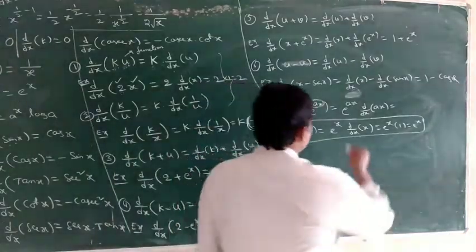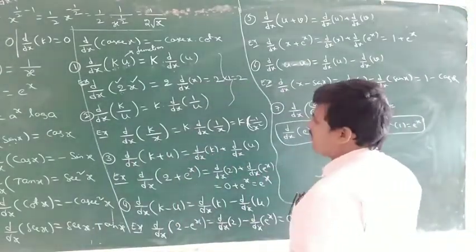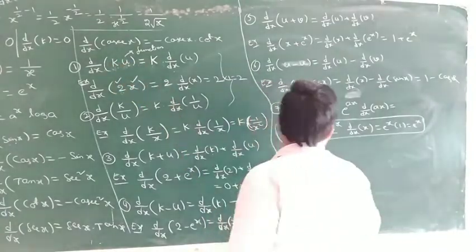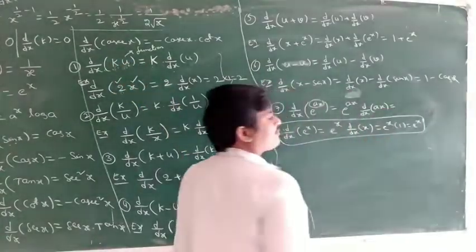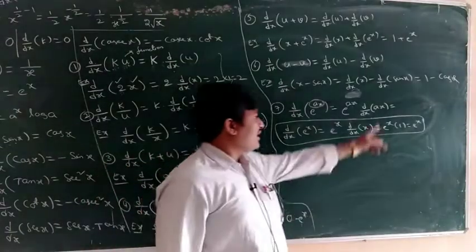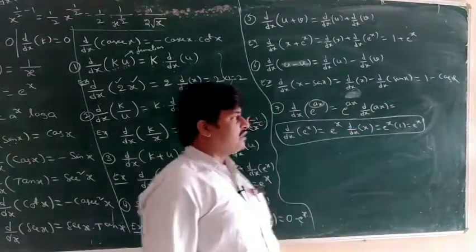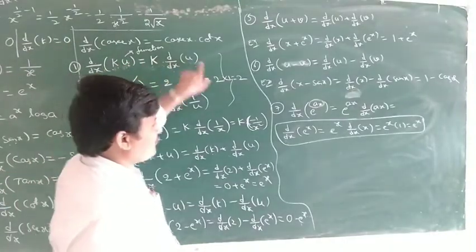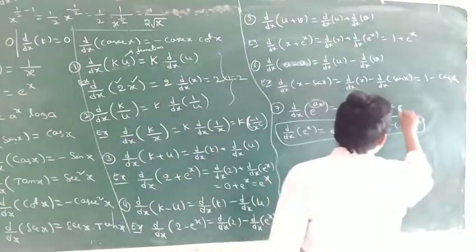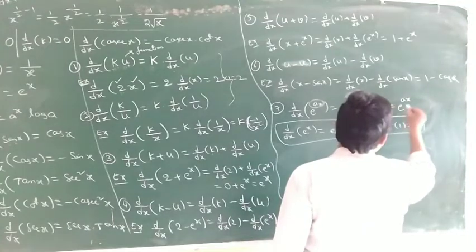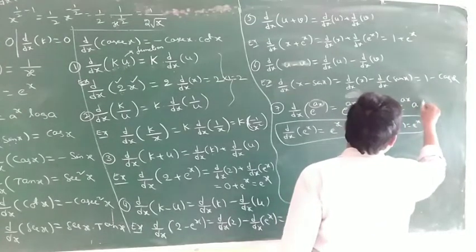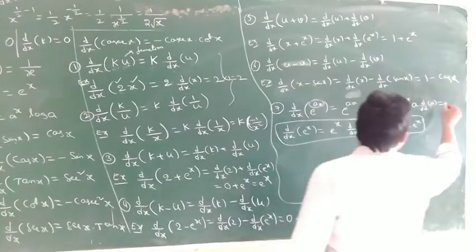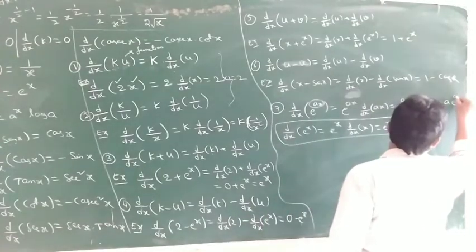The derivative of ax is the derivative of k into u, where a is a constant and x is a variable. The derivative of k into u is k into the derivative of u. So e power ax into a into d by dx of x, and the derivative of x is 1.